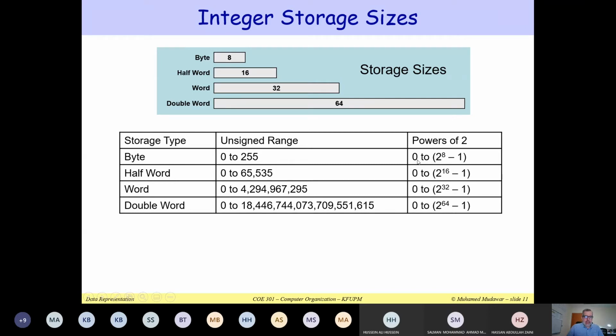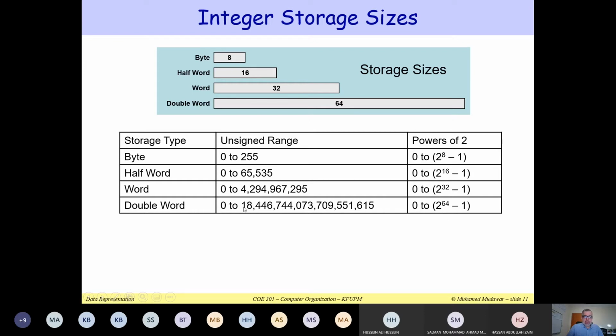So it is from 0 to 2 to the power of the number of bits minus 1. 2 to the power 8 minus 1 is 255, and 2 to the power 16 minus 1 is 65,535. 2 to the power 32 minus 1 becomes more than 4 billion. And 2 to the power 64 minus 1 is this huge number here.